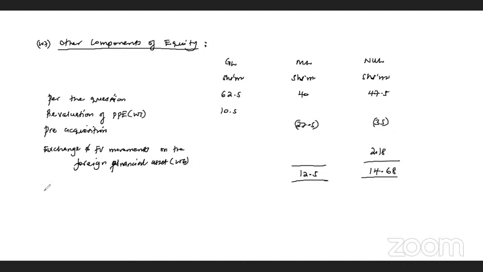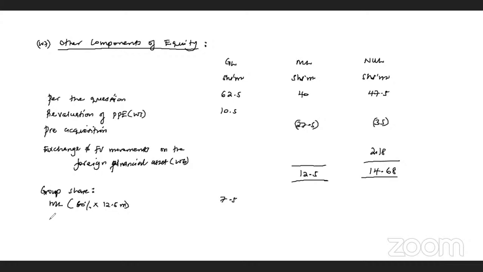So we come here, we say group share. In ML, the group has 60%. 60% times 0.5, that is 7.5.